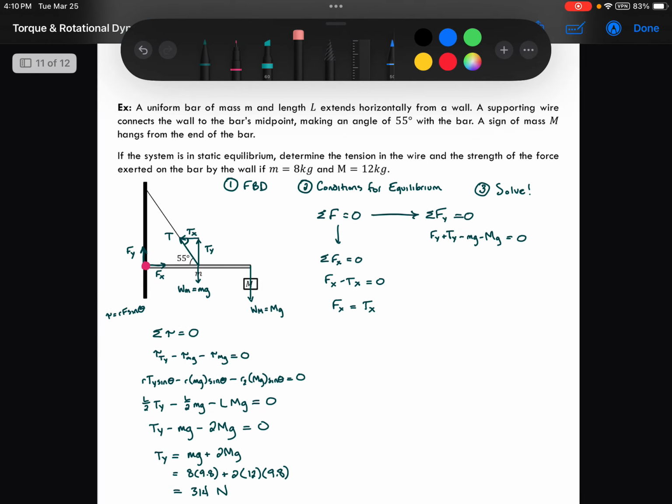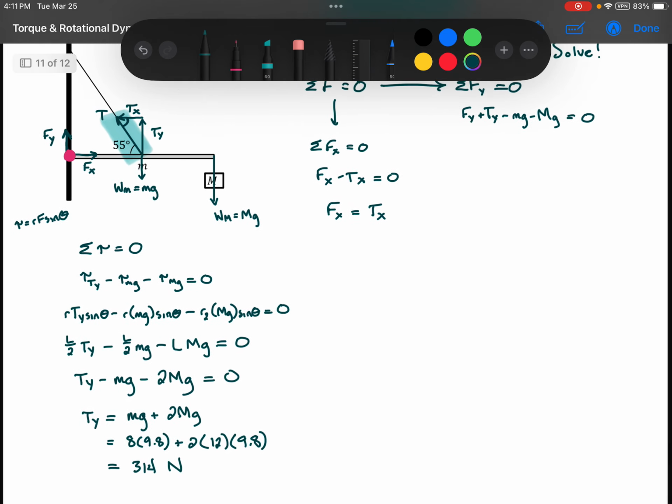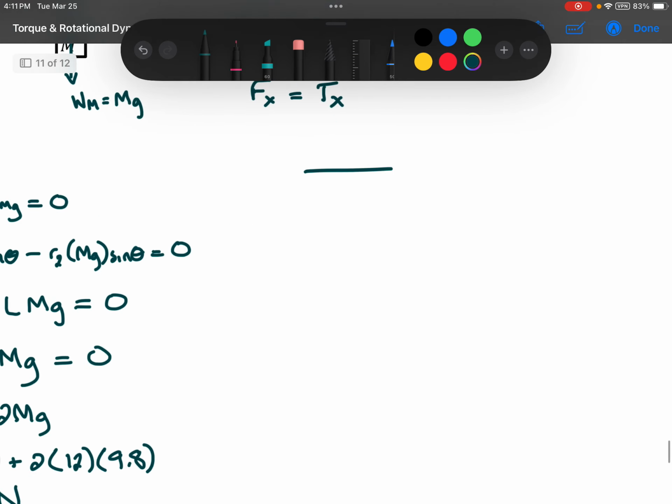The question, however, did not ask for the tension in the y direction. It said, what's the tension through the wire? And so we really want to find T. But we know Ty, and so we can use a little trig to get there. I may redraw that really quickly. Maybe I should try to trust it with drawing a triangle.